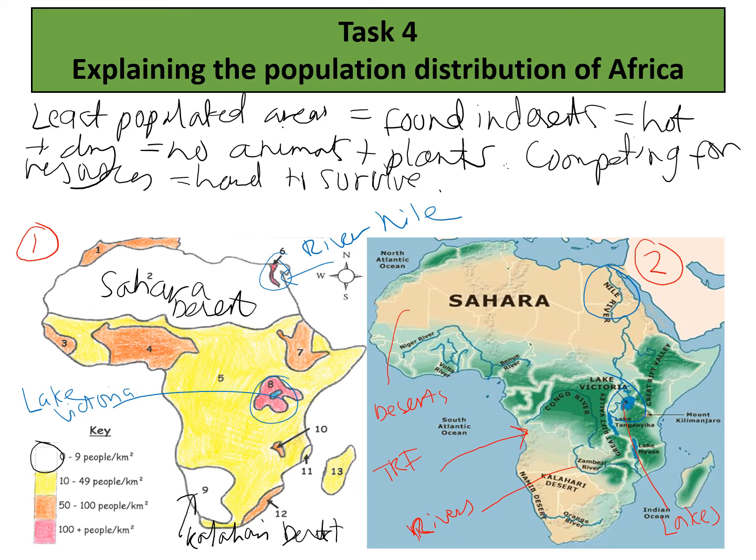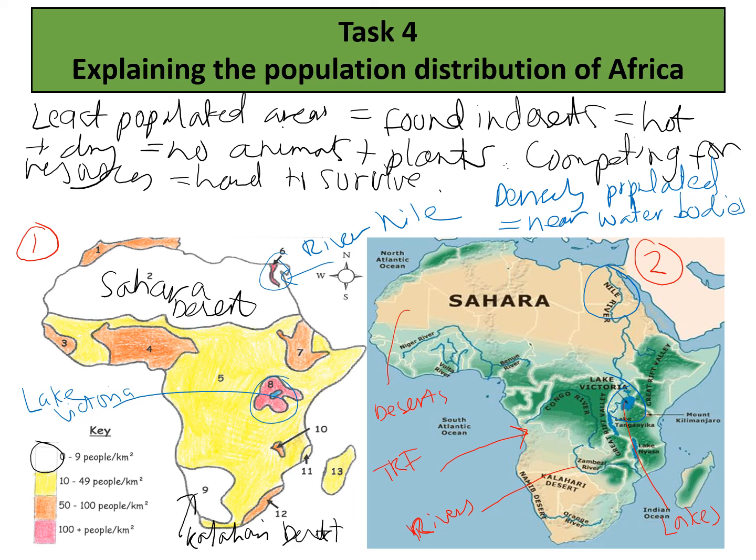So it's clear that the most densely populated areas are found near water bodies. Which means that it's easier to travel.